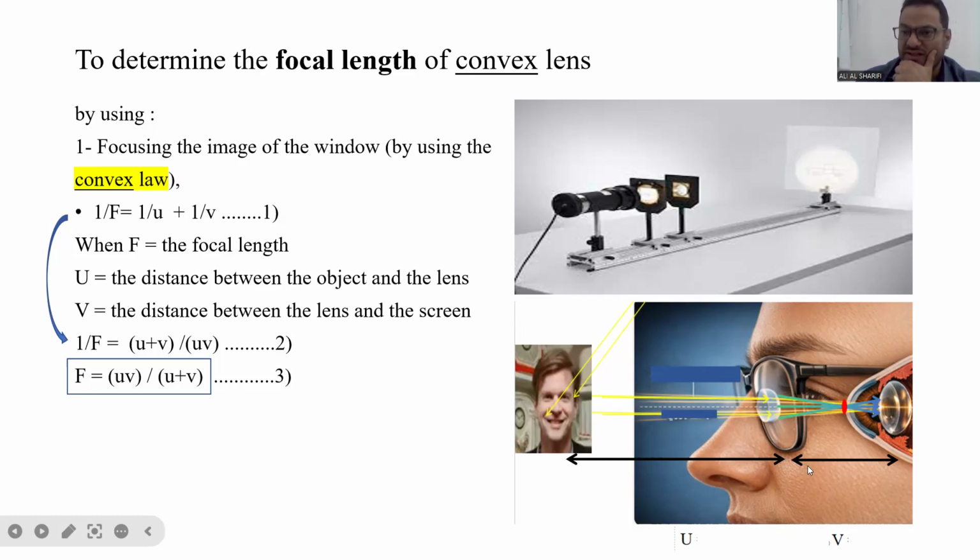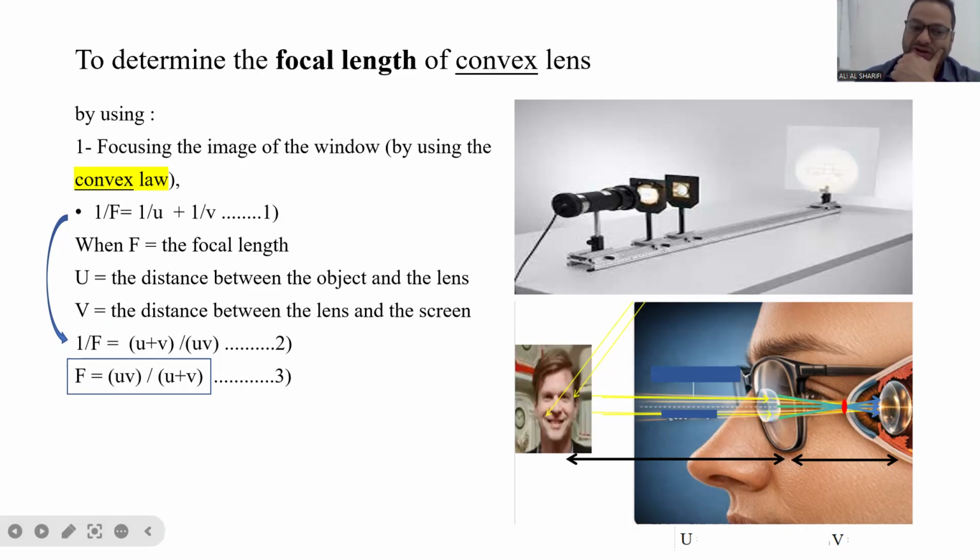The shorter distance is the v, from the lens to the screen, and from the lens to the picture is u. Okay, but let's simplify this focal length law to be f equals u multiplied by v, divided by u plus v.